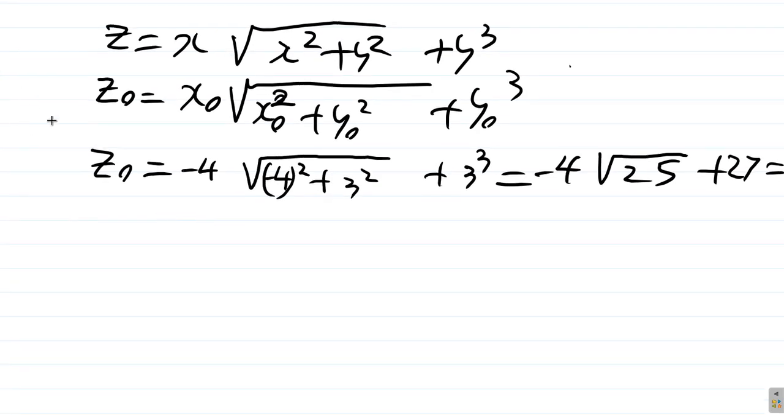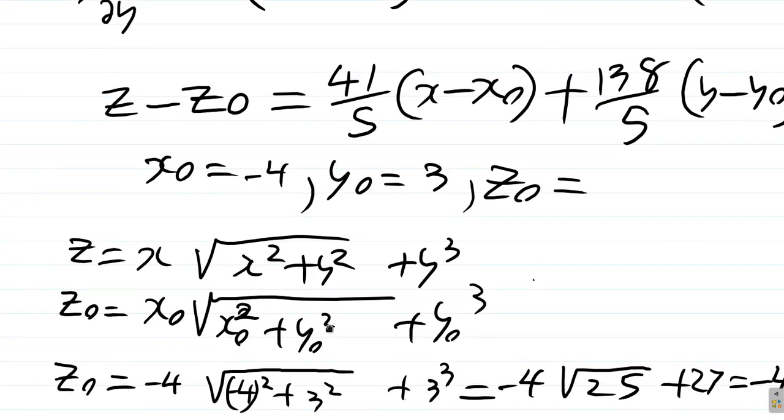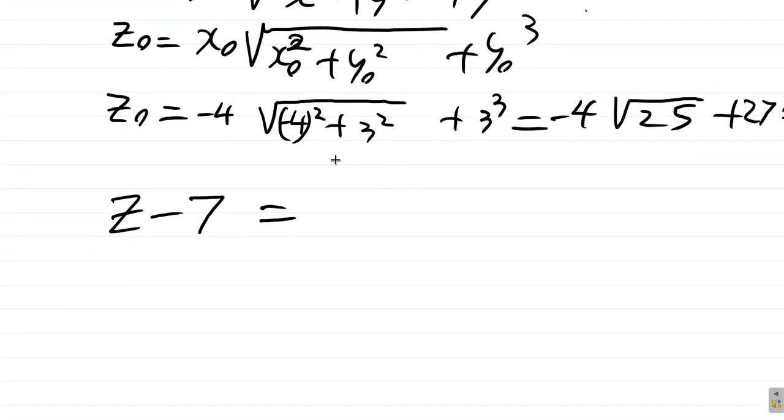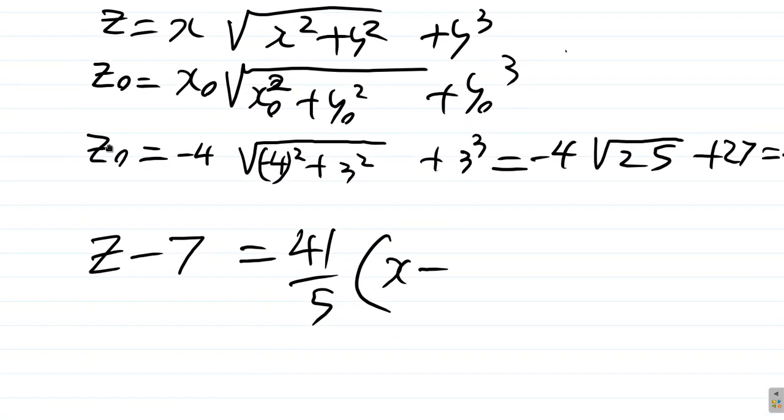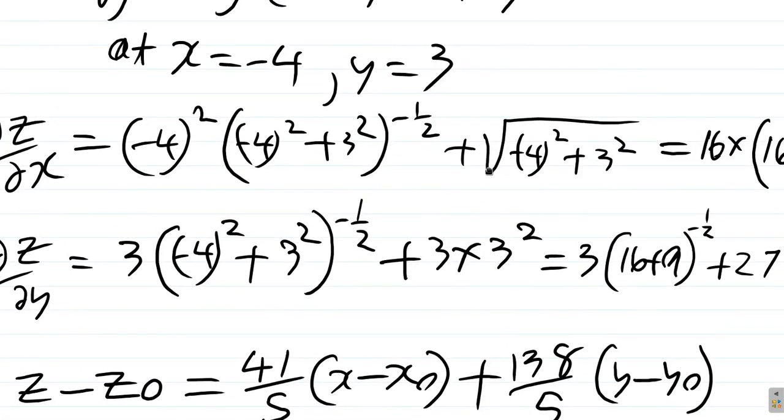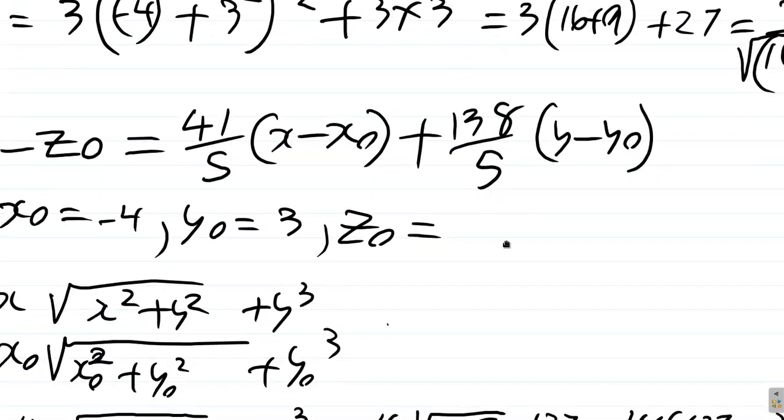z minus z naught, which is z minus 7, is equal to 41 over 5 times x minus x naught, which is x minus negative 4, plus, what is it again?